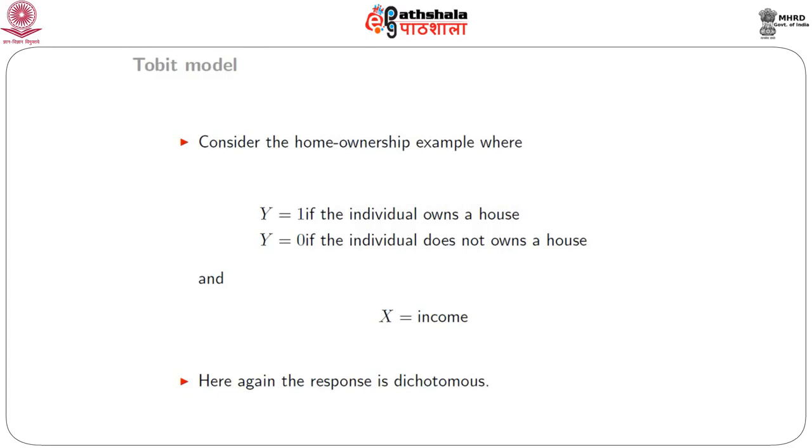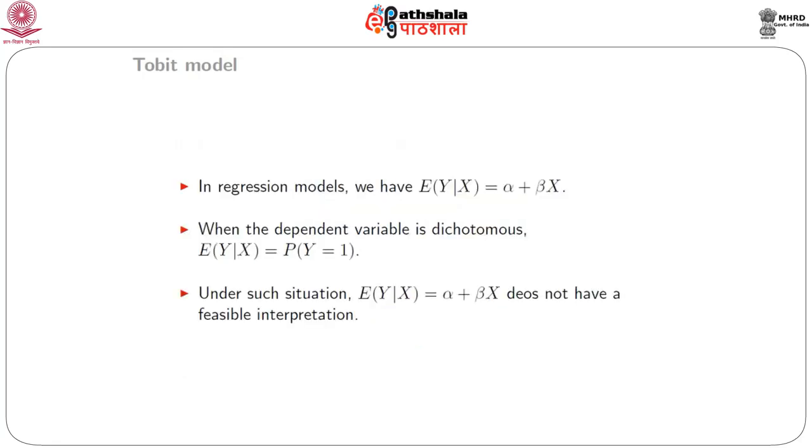Now, in case of dichotomous data, we model the conditional expected mean of y, which is nothing but the probability. So, as I have mentioned before, in case y is dichotomous, then the expected value of y given the predictor value x is nothing but the probability that y takes the value 1.